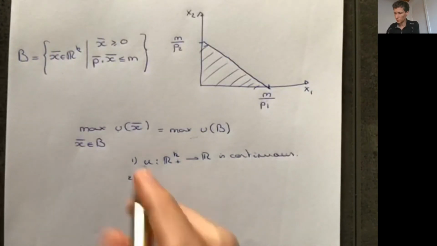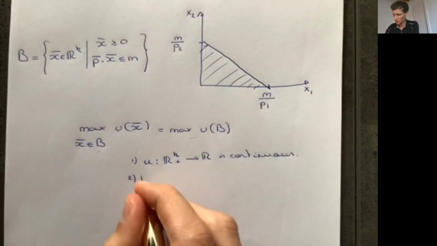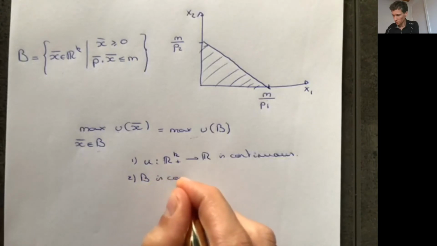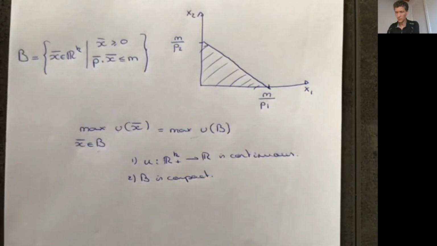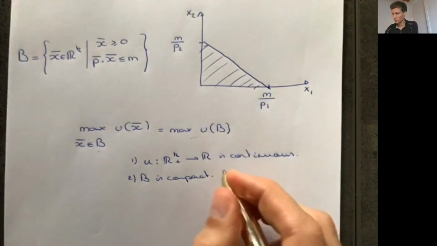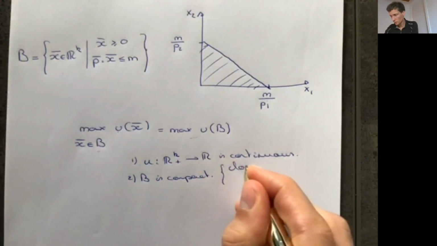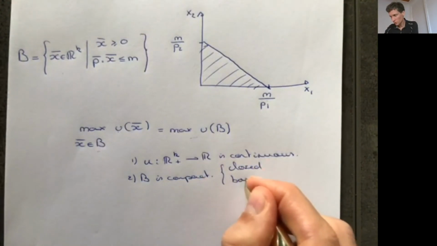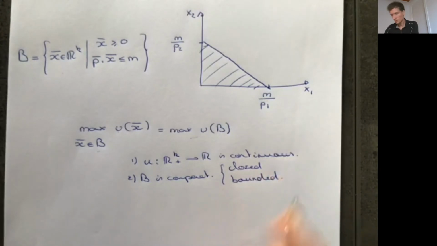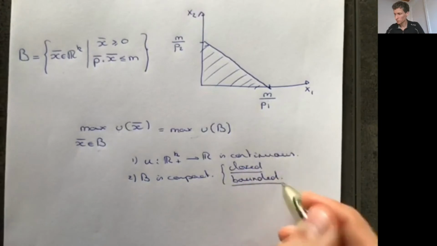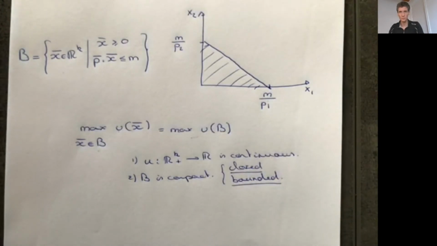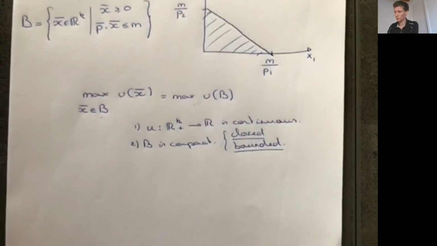And then the second condition is that this set B here is a compact set. Okay, so in particular it should be closed and it should be bounded. Okay, so let's show these two properties for the budget set. So at least we know that if you have a continuous utility function, then the utility maximization problem is well defined.